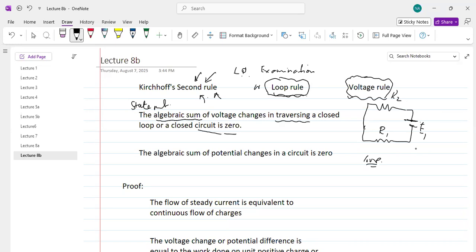You can also state it in a simple way: the algebraic sum of potential changes, these voltage changes in a total circuit, is also zero.